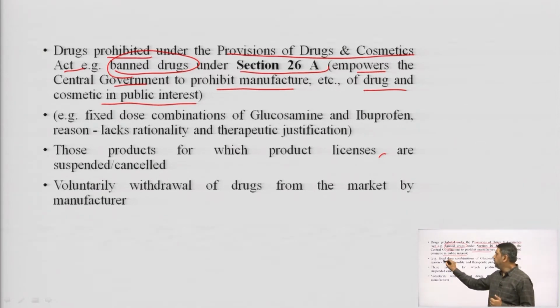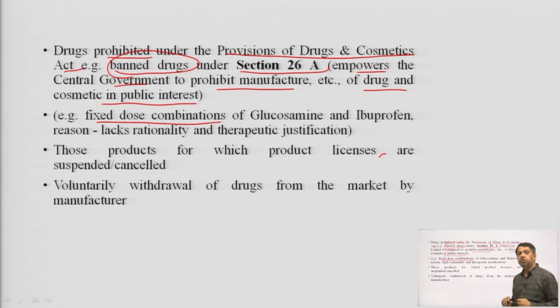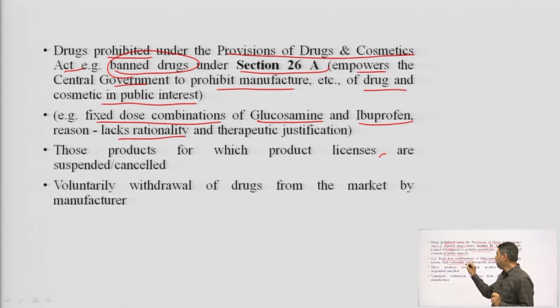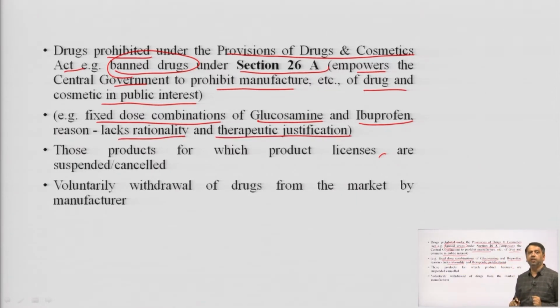For example, there was a fixed dose combination launched of glucosamine and ibuprofen that is actually withdrawn from the market. The reason behind the recall is lack of rationality and therapeutic justification.